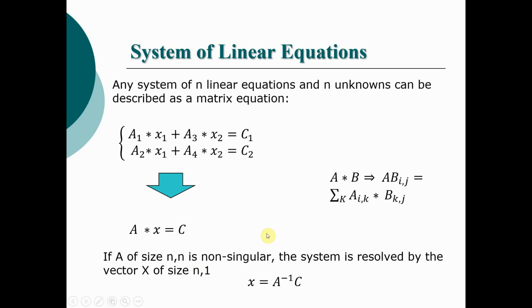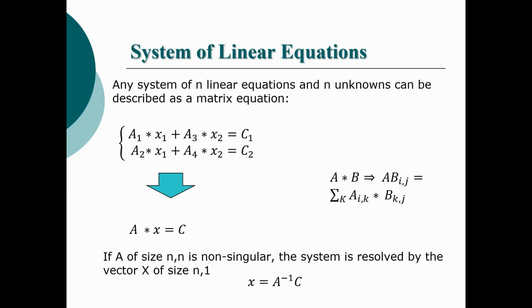It means that if its determinant is not equal to 0, then you can find your unknowns by this operation. If I multiply both sides by A inverse, A inverse times A is the identity matrix, and the identity matrix times anything is equal to the original vector or matrix.